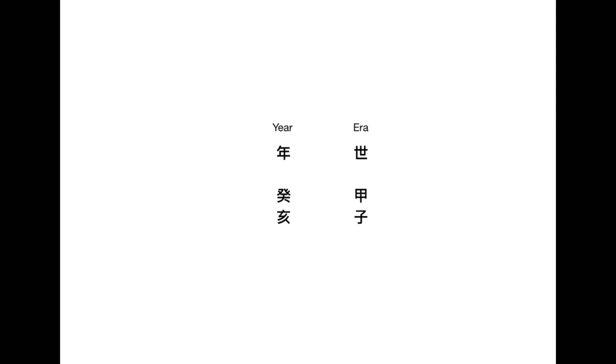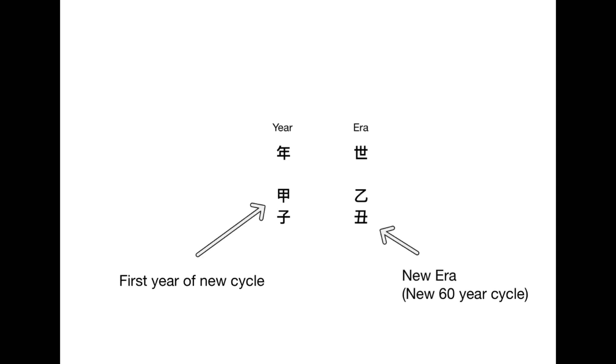So when we're looking at the 60-year cycle and the last year of that cycle being gui hai, then when that particular year ends and it ticks over into a new 60-year cycle, the era, or the shi, actually ticks over by one step, moving from jiazi to yi chou.